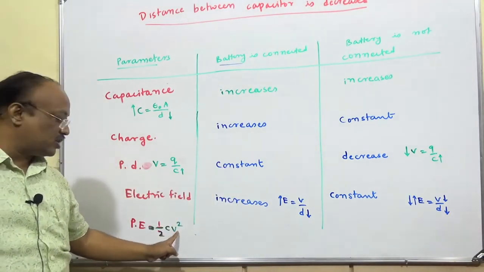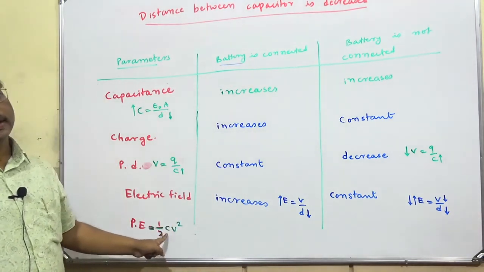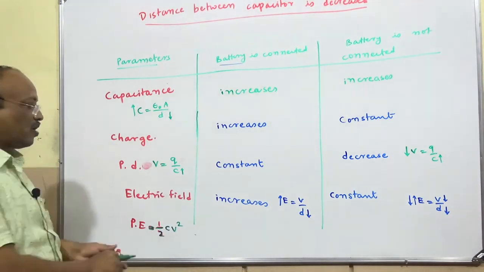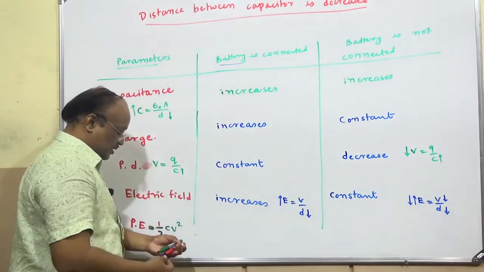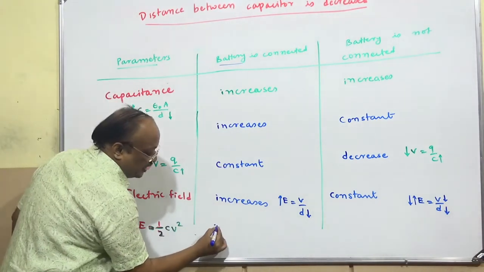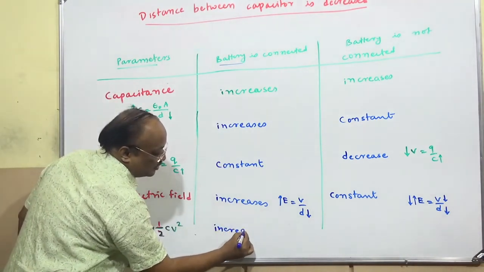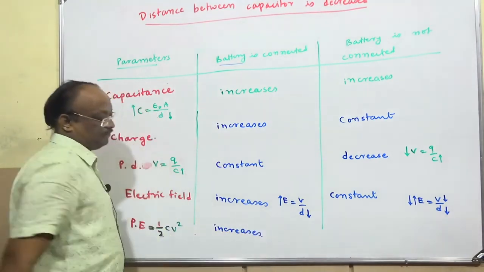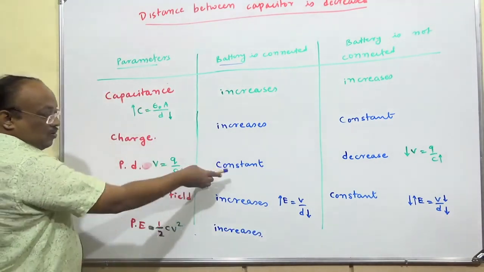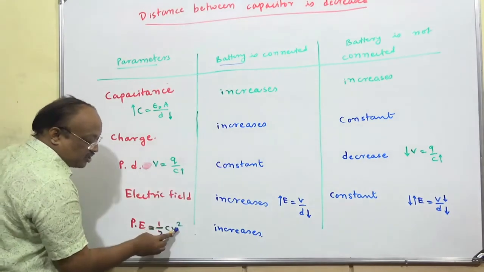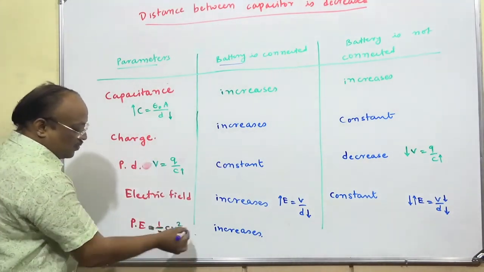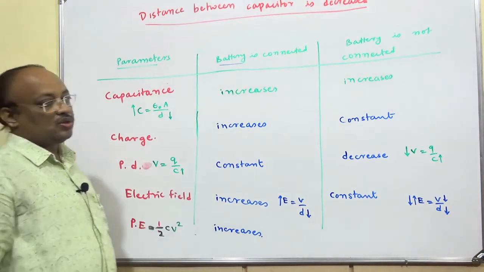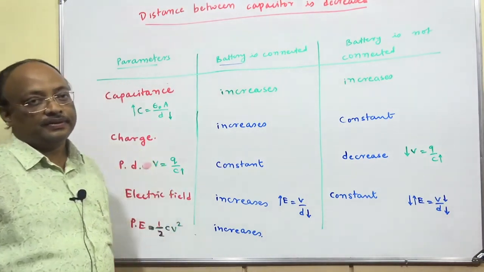V remains constant. Capacitance is increasing. So what happens? Here potential energy increases. Got it now? Potential difference remains constant, whereas C is increasing. So therefore, potential energy also increases there.